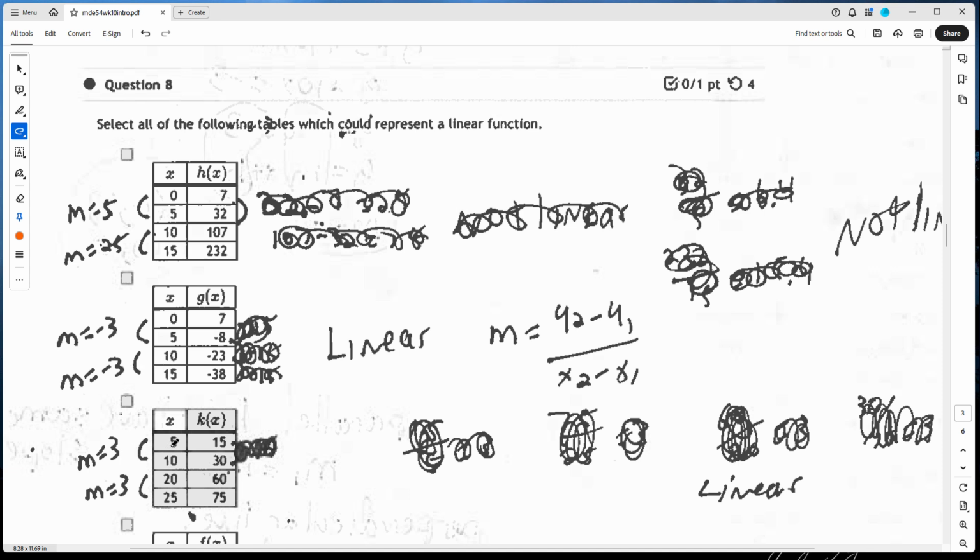Then you do this next one here. The first 2 points you choose, you get a slope of 3. You choose 2 more points, you get a slope of 3, so that one's linear. So you're using the slope formula here to find out which ones are.